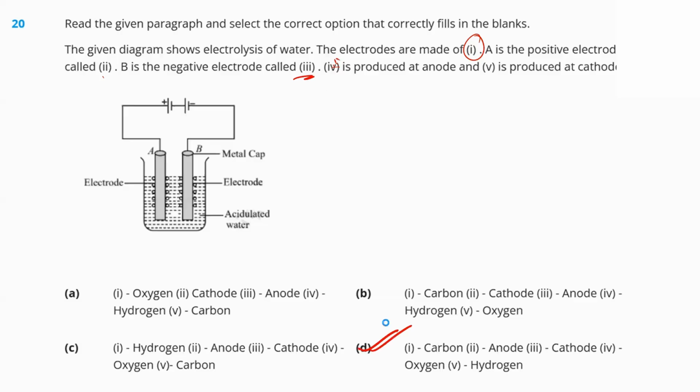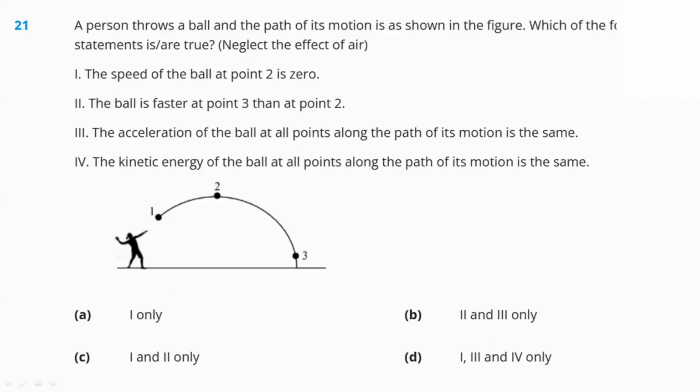Okay, next, a person throws a ball and the path of its motion is shown in the figure. Which of the following statements is or are true? The speed of the ball at point 2 is 0. This is incorrect, because the speed is not 0; there is still a slight movement. Next, the ball is faster at point 3. Yes, this is correct.